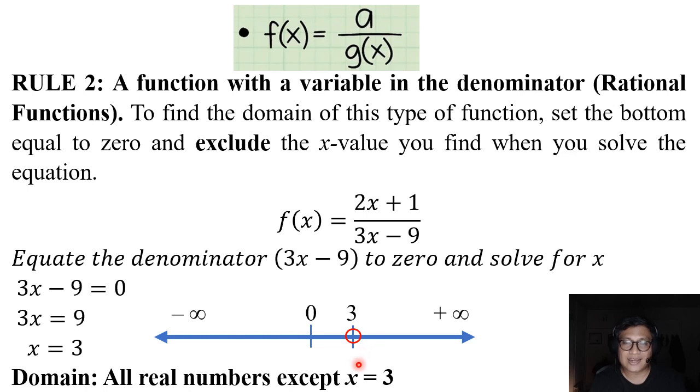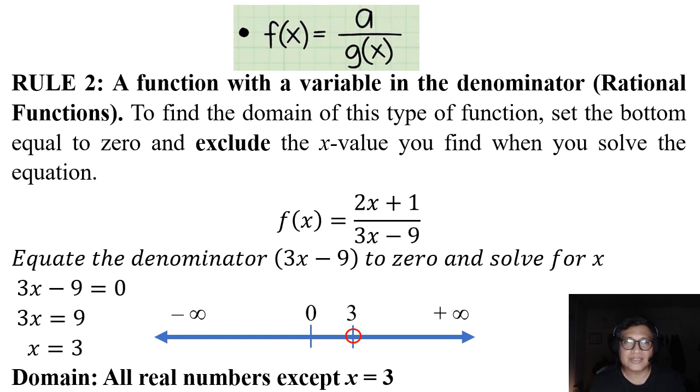So if the value of your x is 2.99, there will always be an f of x equivalent. If the value of your x is 3.01, again, it still satisfies that there will be a value for your f of x, but not x equal to 3, because it makes your denominator equal to 0. So we cannot divide a number by 0.